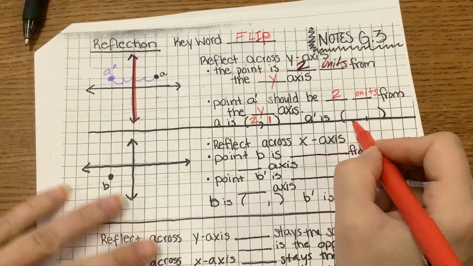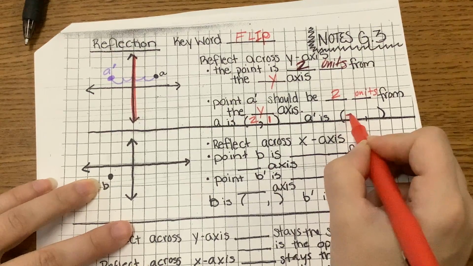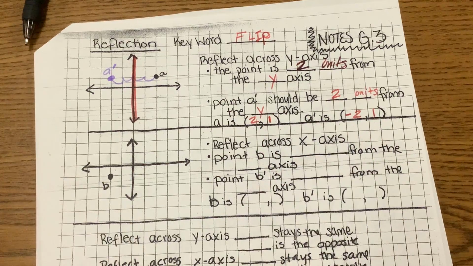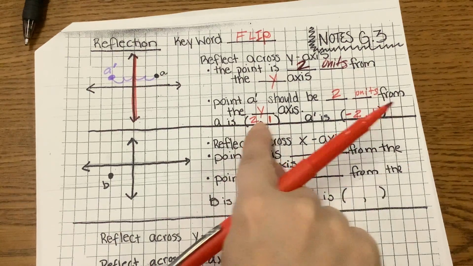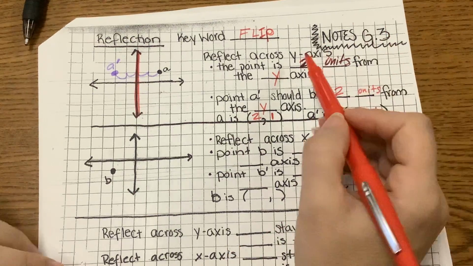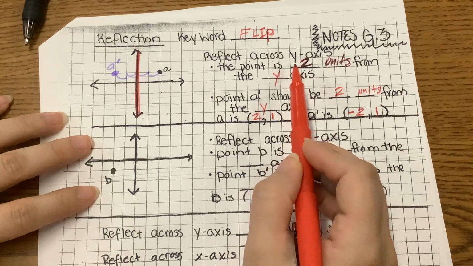What is the ordered pair for A prime? (-2, 1). What is different from the original to the new? What changed? Yeah, the 2 changed to a negative. So the x value is the one that changed. What stayed the same? The y value, yeah, the 1. So if we're reflecting across the y-axis, the y stays the same, and the x changes signs.